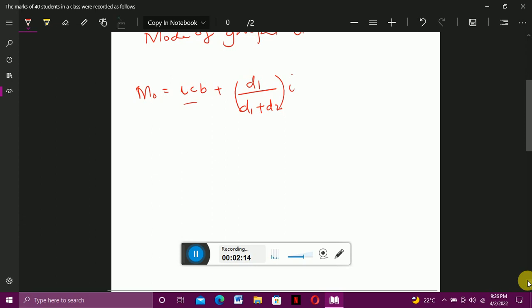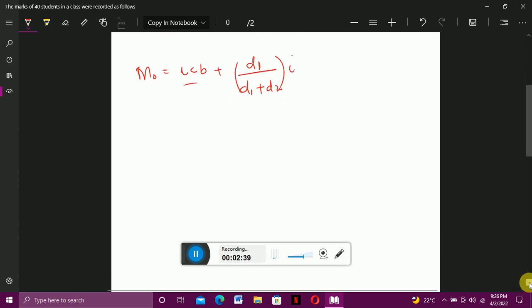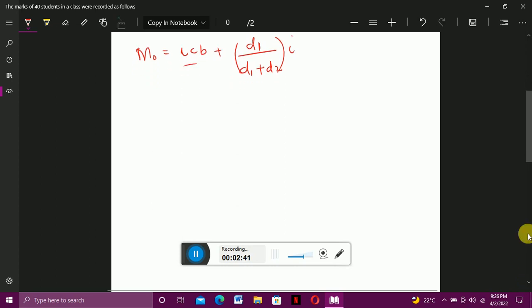D1 is the difference between the modal class frequency and the frequency for the lower class. And then D2 is the difference between the modal class frequency and the frequency of the higher class. And I is the size of the class interval. So we need to remember that.